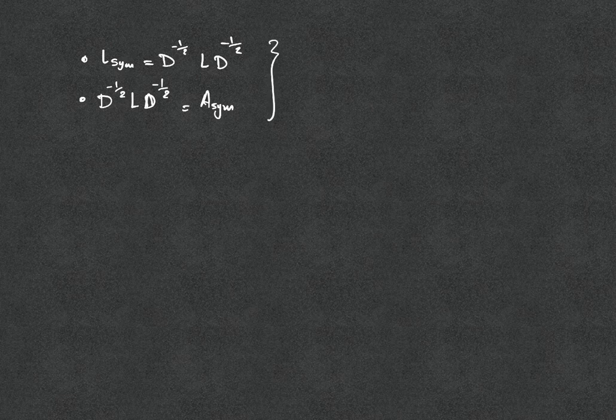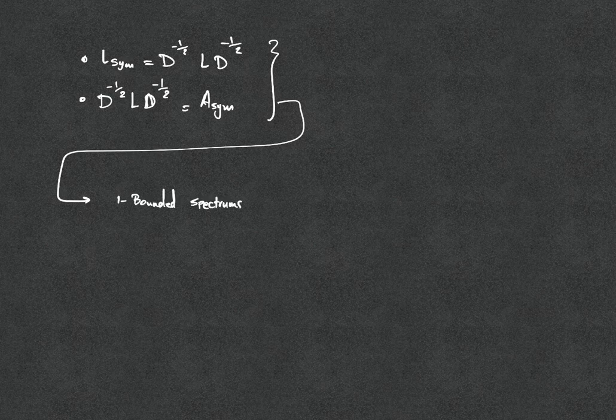Now the question is, why are these two mostly used in the polynomials defining QH? There are two major reasons. One is that they have bounded spectrums because they are normalized, and this leads to good properties in terms of numerical stability in practice.